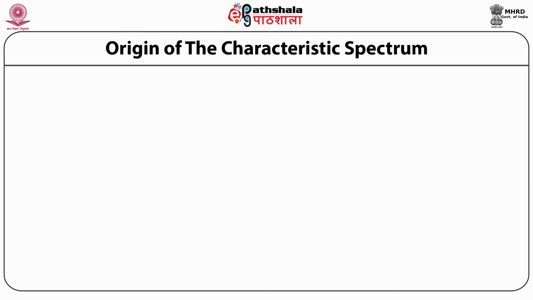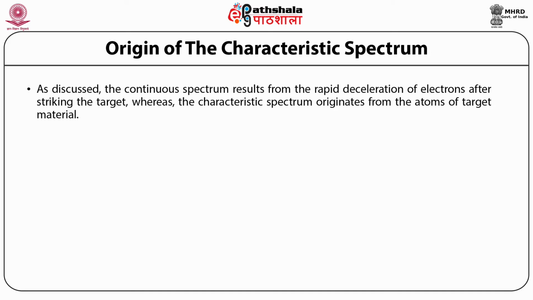Now let us see what is the origin of the characteristic spectrum. As discussed, the continuous spectrum results from the rapid deceleration of electrons after striking the target, whereas the characteristic spectrum originates from the atoms of the target material.